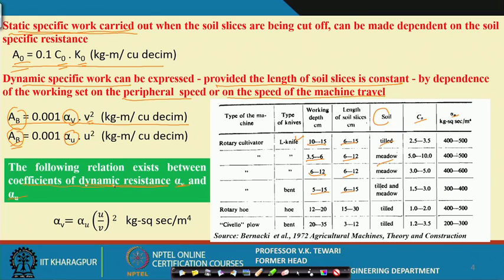We have also seen that U and V have a very close relationship so far as the power required is concerned, so far as the slices cut or total performance of the rotavator is concerned. That is why another relationship has been found, and it is given as alpha V equals alpha U times (U by V) whole square. Kindly check that the units are taken care of properly whenever you do any problem.